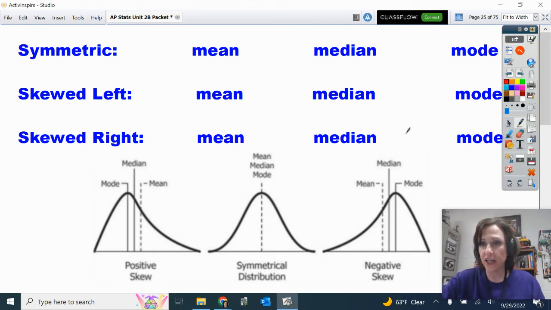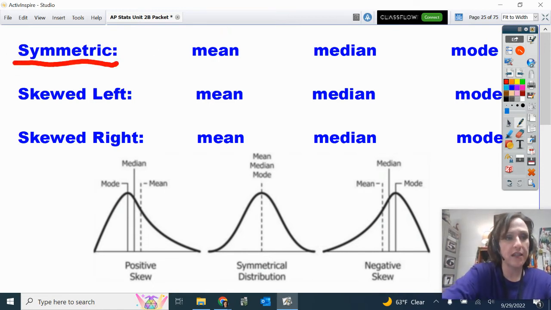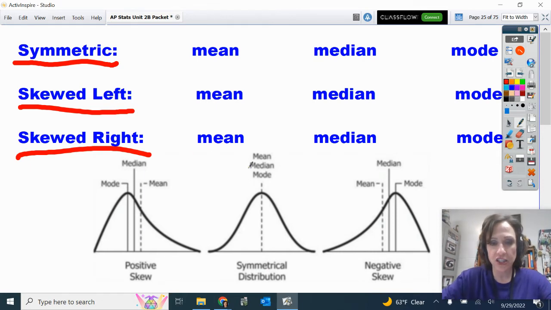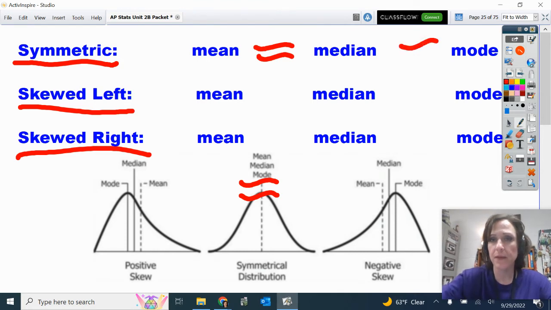We're going to look at shapes that are symmetric, skewed left, and skewed right. Let's take a look at these down here. For the symmetrical ones, the mean, median, and mode are about equal. I put squiggly equals because they're about the same values.